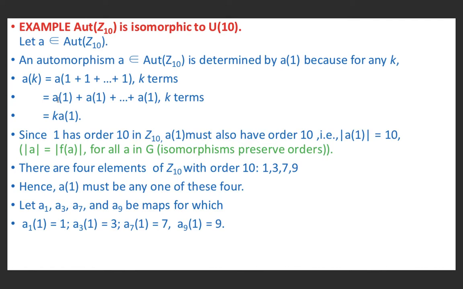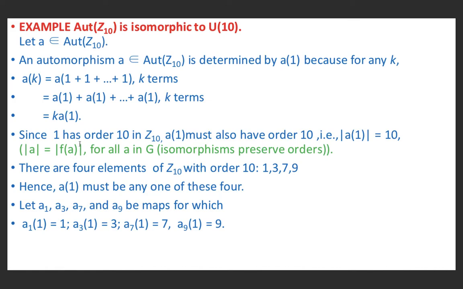These are k terms, so this is k times A1. Since 1 has order 10 in Z10, A1 also has order 10, because we have studied in the properties of isomorphism that the order of a is always equal to the order of F(a).